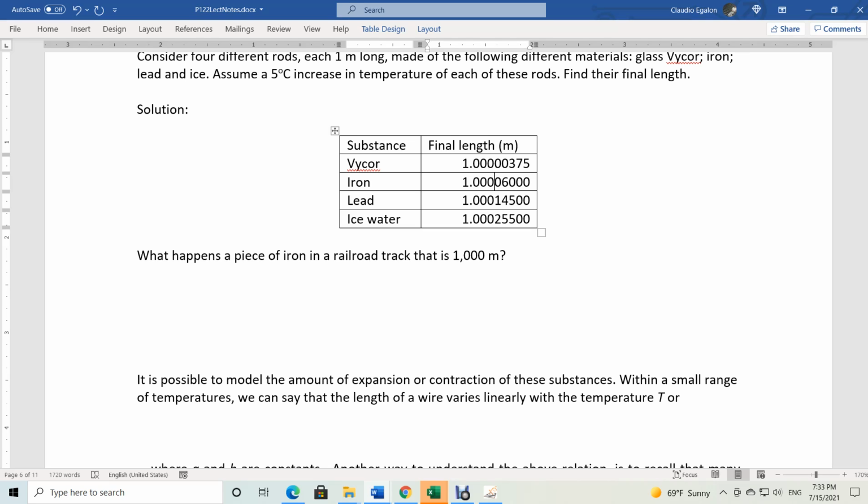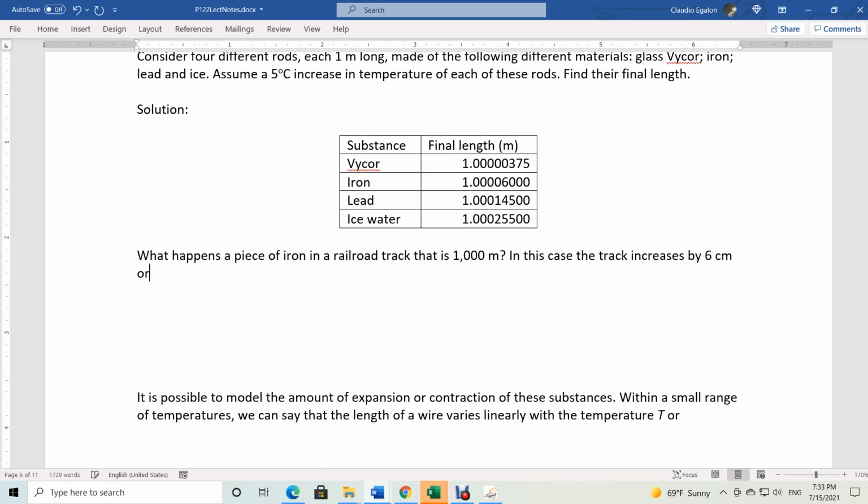Okay, it's 2 inches. And it may make a huge difference. I'm going to show you what, for a railroad, in this case, the track increases by 6 centimeters or 1,000.06 meters.